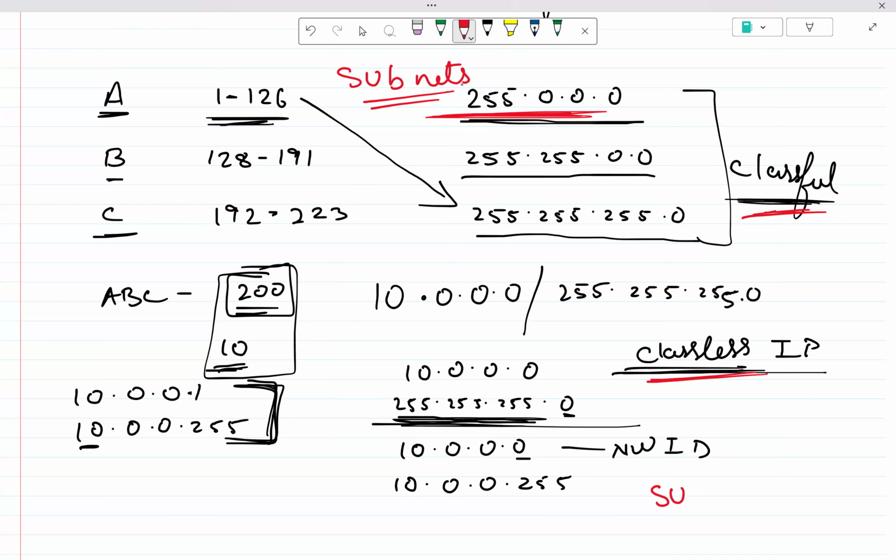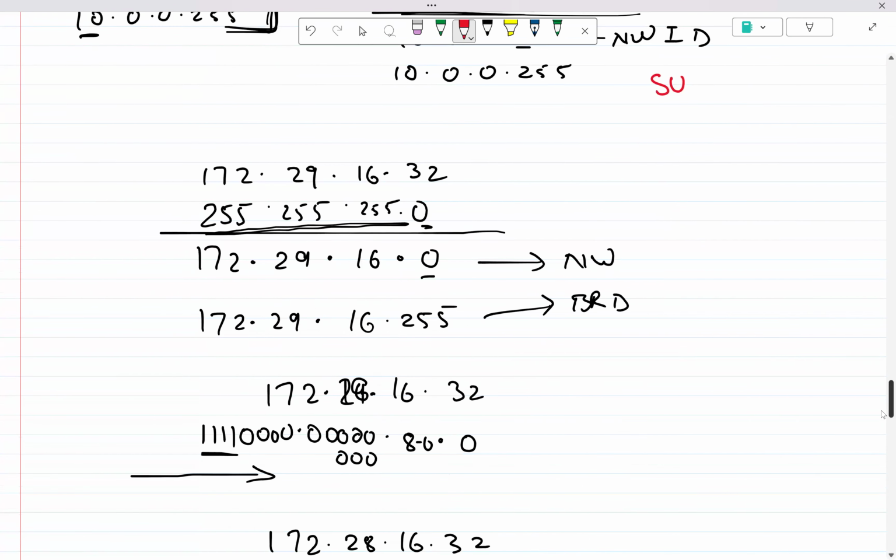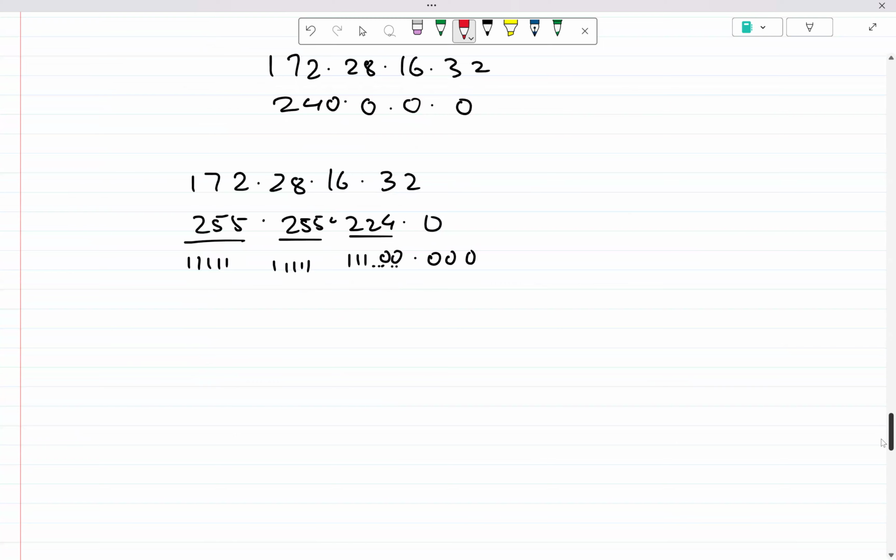You are dividing a bigger network into smaller parts, subnetworks. All right. So when we are talking about subnets, we are basically dividing a bigger network into smaller parts, which is called subnets. Now, to understand subnets easily, we have to understand few things.